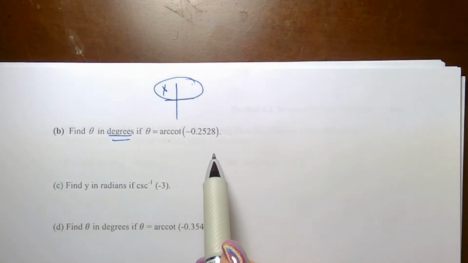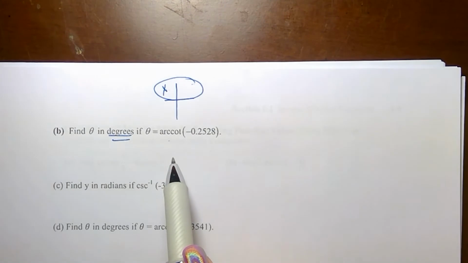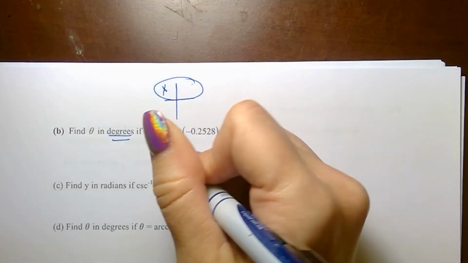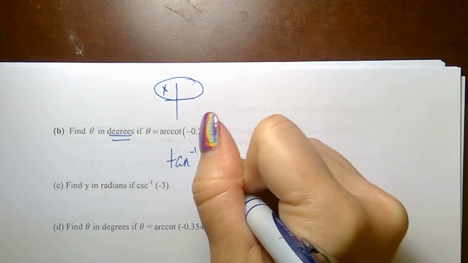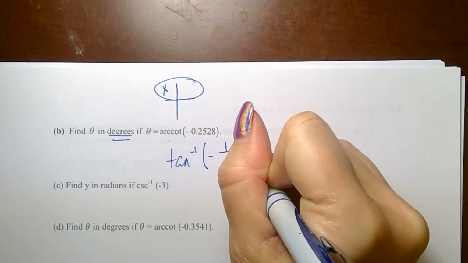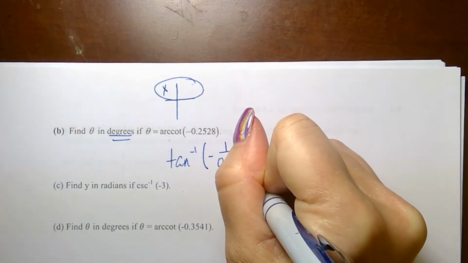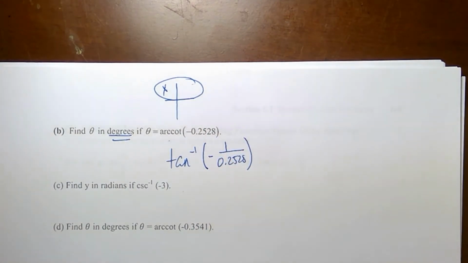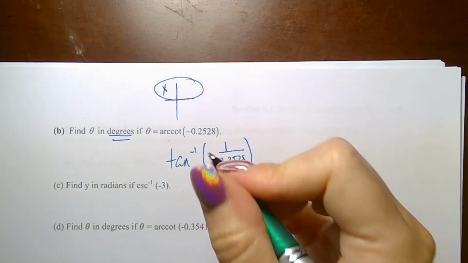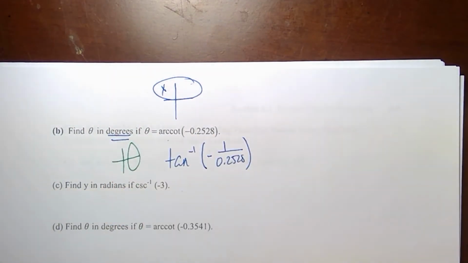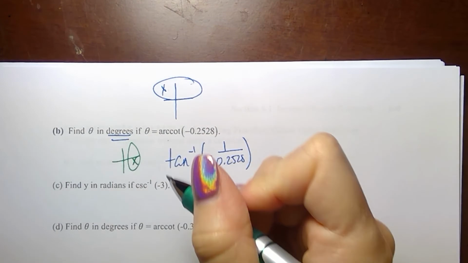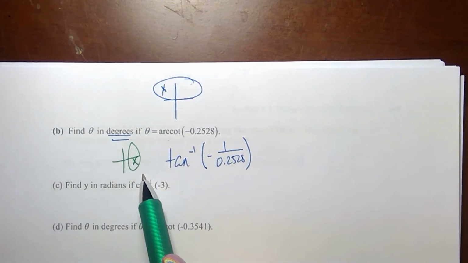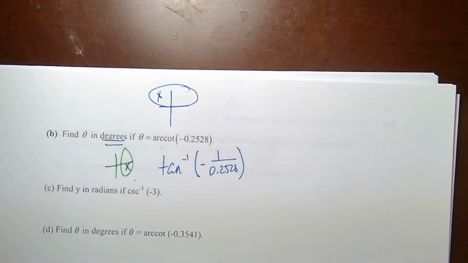That's not what I'm going to get if I'm using tangent inverse, and I have to use tangent inverse. So tangent inverse of -1 over 0.2528. That's what I have to plug into my calculator. Well, tangent inverse is restricted to quadrants 1 and 4, and it's negative in quadrant 4. So I'm going to have to move from quadrant 4 to quadrant 2.